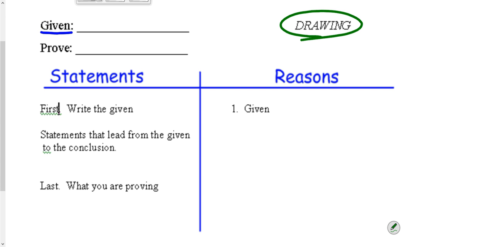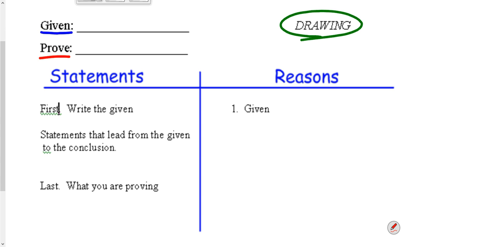And then there's also something that we want to prove. Prove or show is what we would read or hear, and that's going to be at the end. So generally we're getting from our given statement to our proven statement.